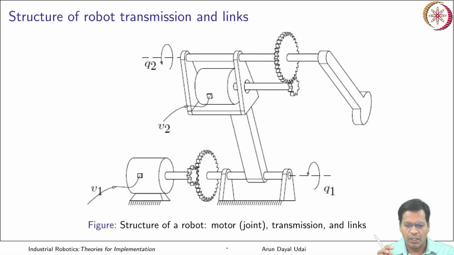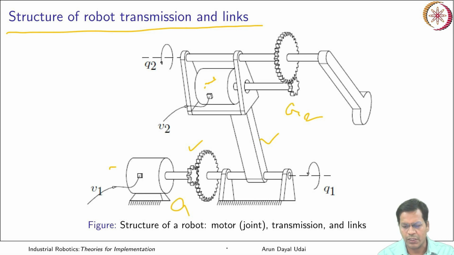A typical structure of an industrial robot transmission system with its links looks like this. You have a motor, you have a gearbox, sometimes belts, and then you have another link. You have another motor that goes on top of this, and this motor again has a gear reduction here. This was gear reduction 1, and then again you have a link which comes here. So this is how it is made.